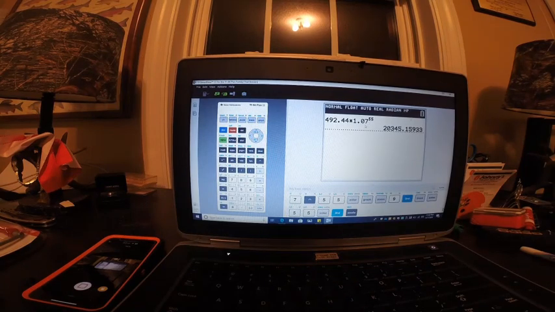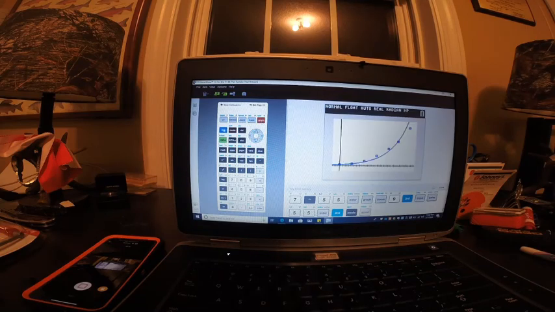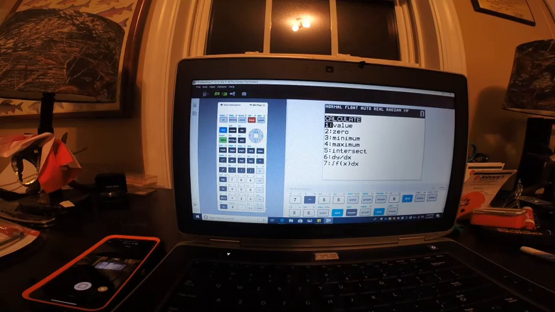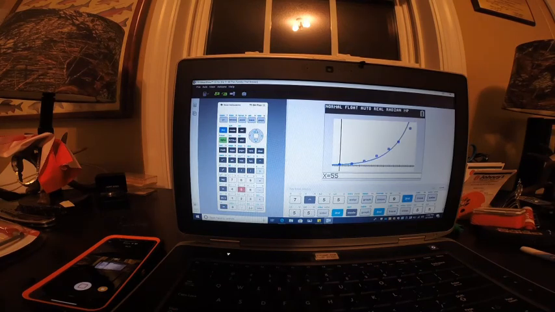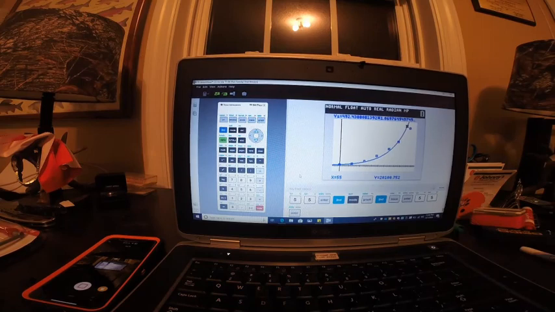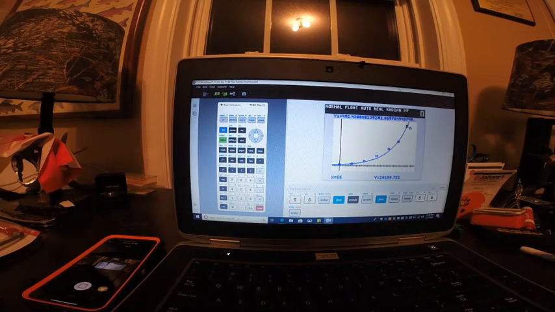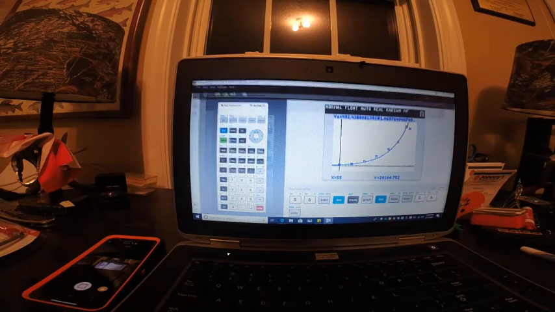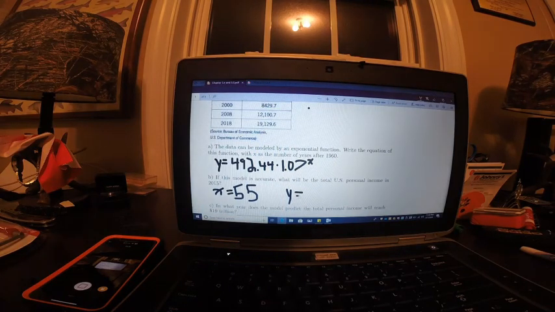It doesn't seem like rounding would make that big of a difference, but you're off by several hundred on that one. Do it one more time. Second calc value, we're using x at 55, and that's probably the answer that MyMathLab is going to want. So we'll write that one, 20,100.75.